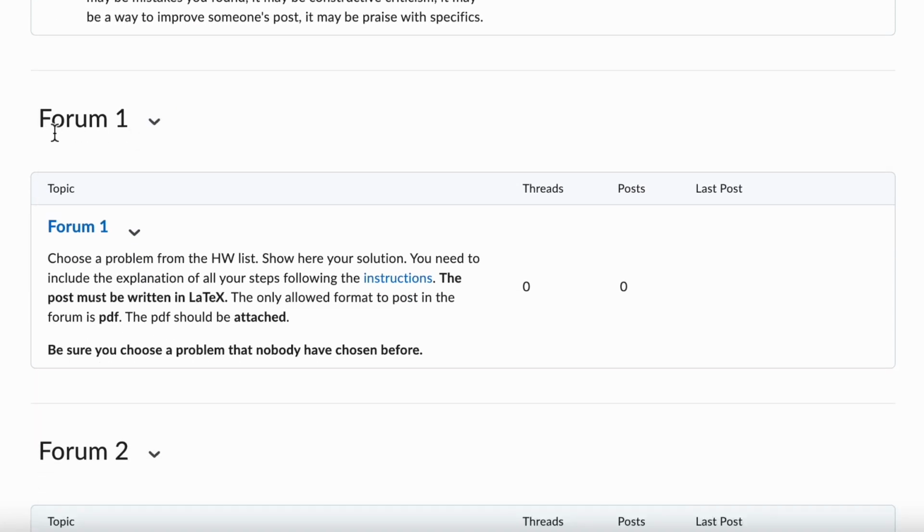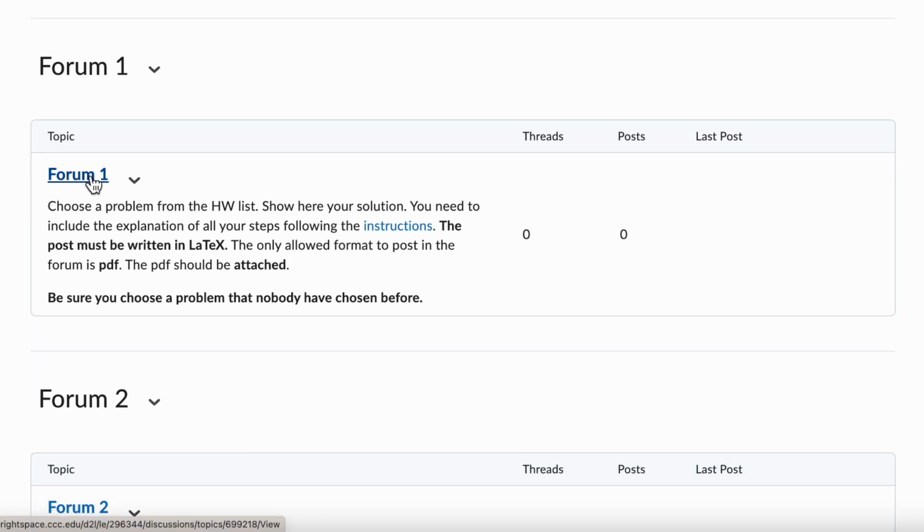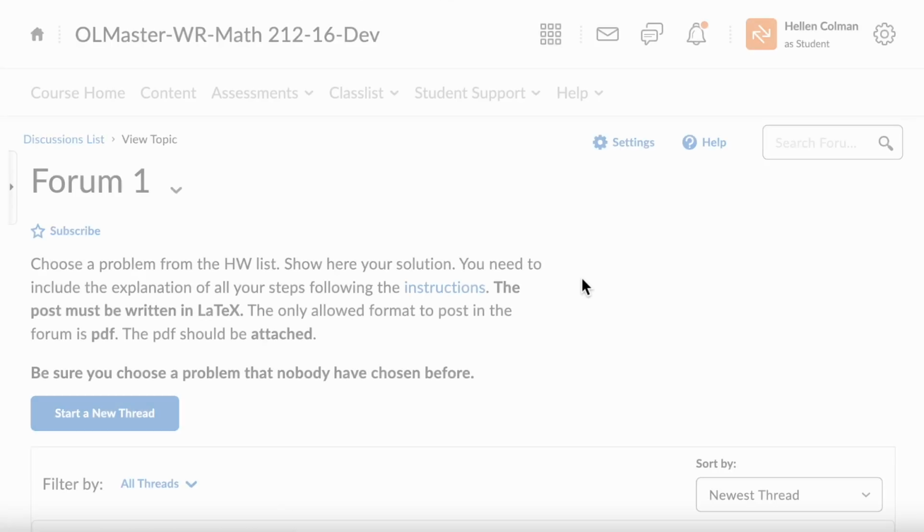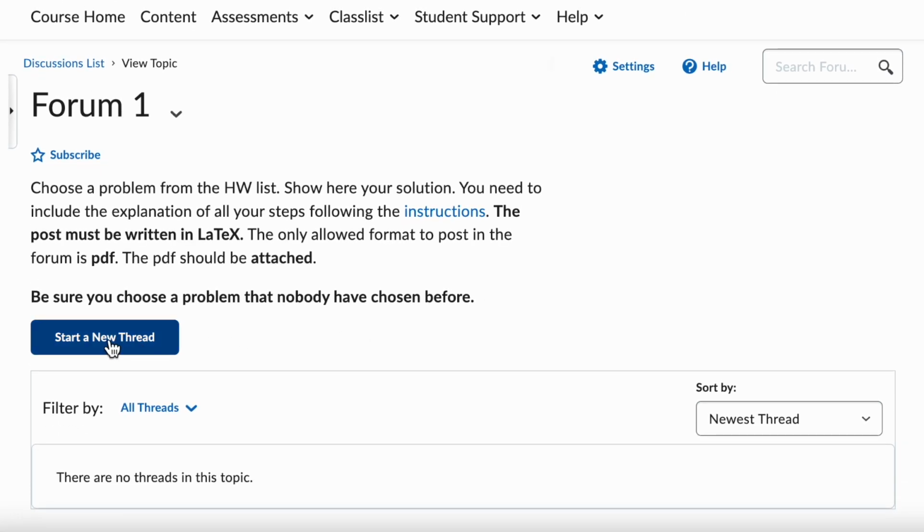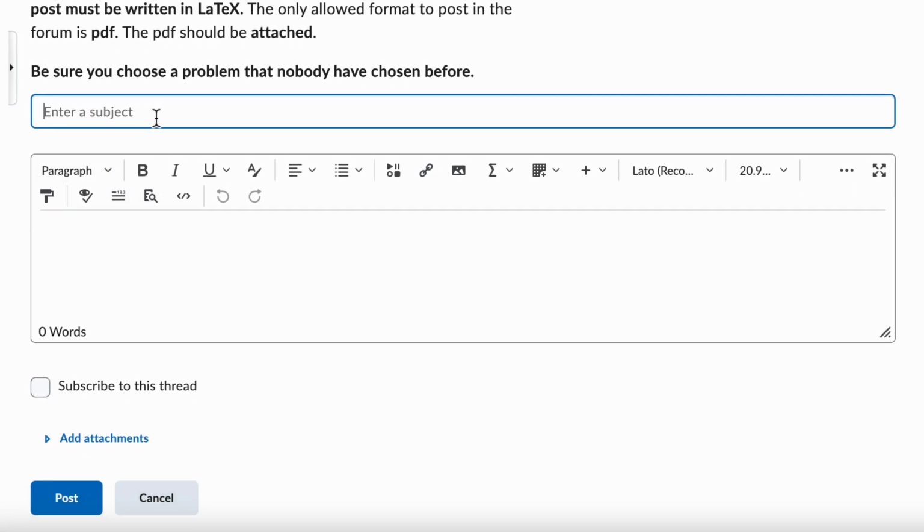Now for each of the forums, for instance, the forum of Unit 1, you will click on the forum and start a new thread, and put your subject here. I would recommend that you write, for instance, homework, Unit 1, problem 12, let's say. In that way, in the title, we already know what problem you are doing. And here you can discuss your approach, if you like.